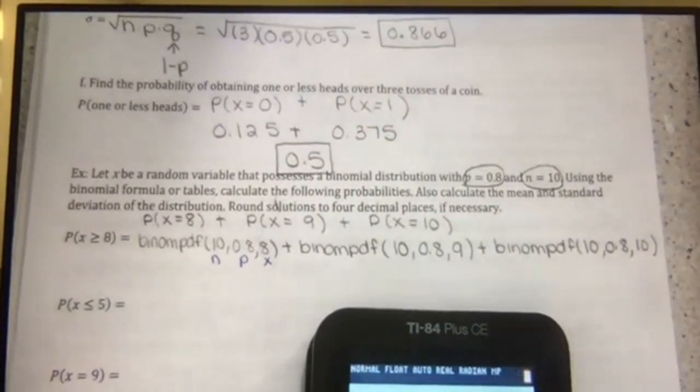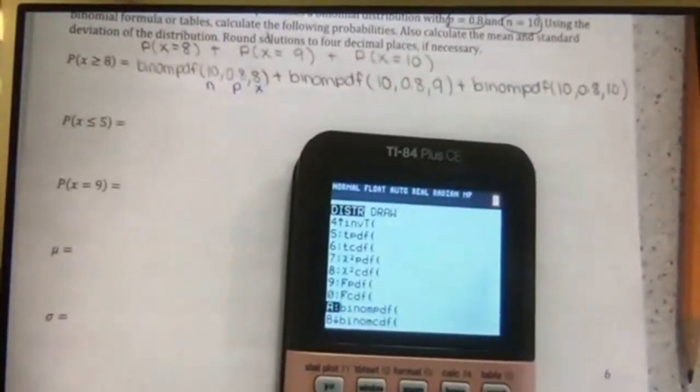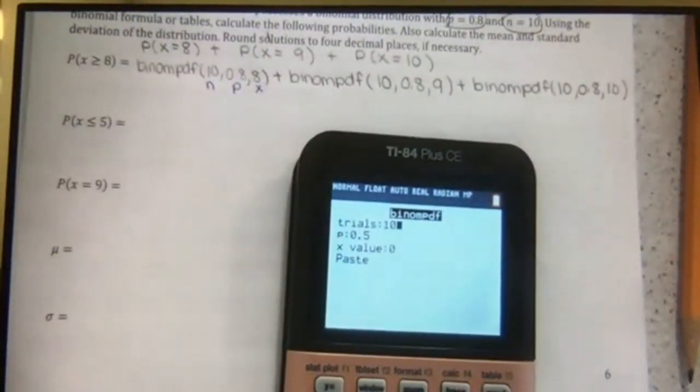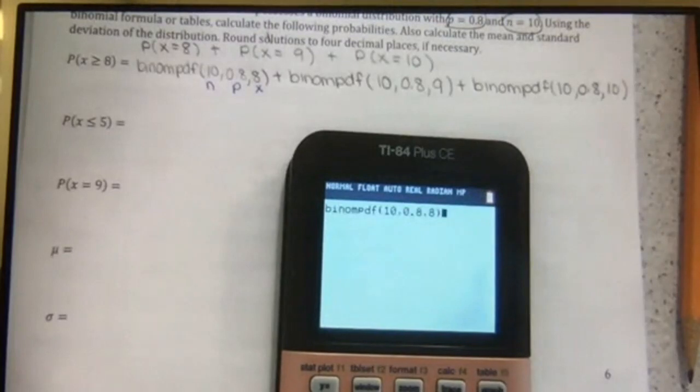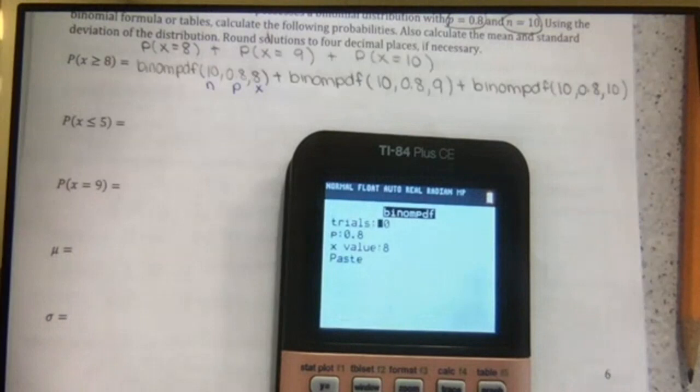So in my calculator, second bars, going down to binom PDF. 10 trials, 0.8 is my p-value, my x value is 8. Pressing paste. I can say plus second bars, binom PDF, 10 trials, p-value still 0.8 when x is 9.